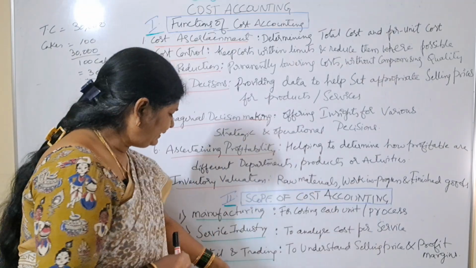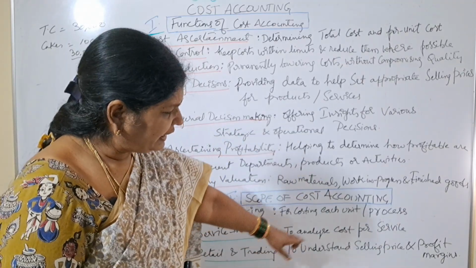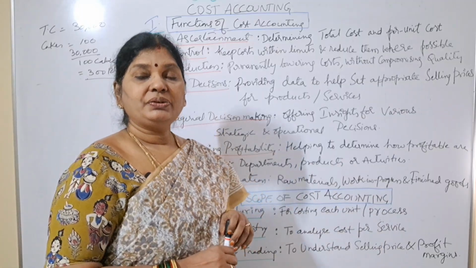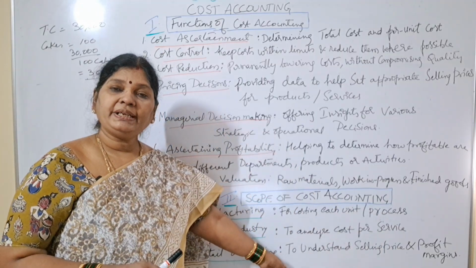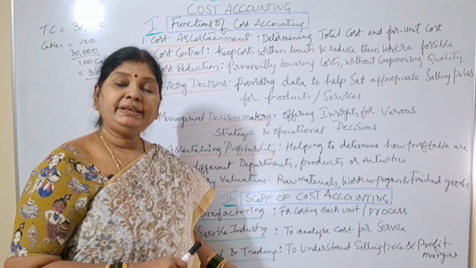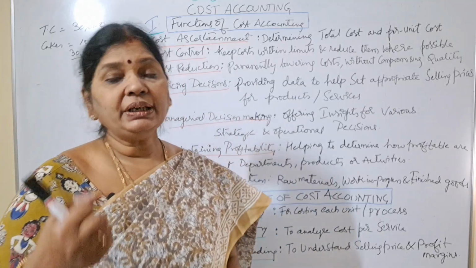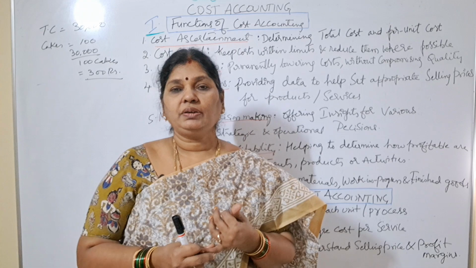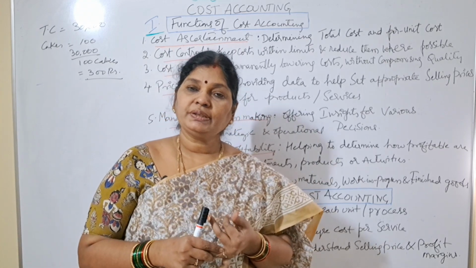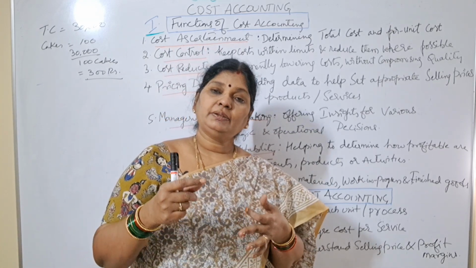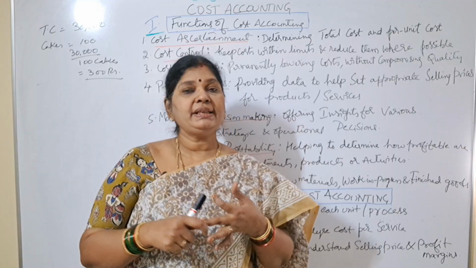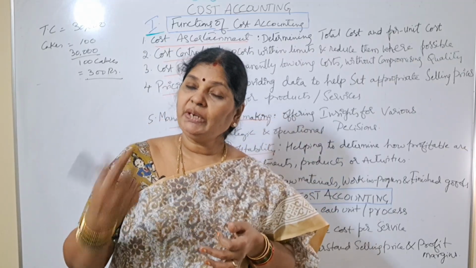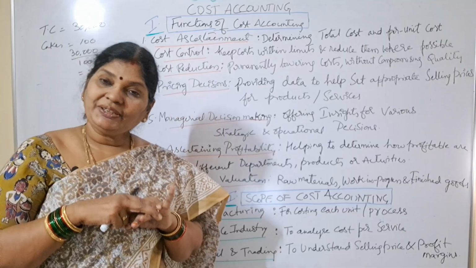Coming to retail and trading, to understand selling price and profit margins. How will you decide the selling price in retail and trading? Here you have to see the procurement cost, shipping cost, godown cost, delivery cost, payment processing cost, and packaging cost.